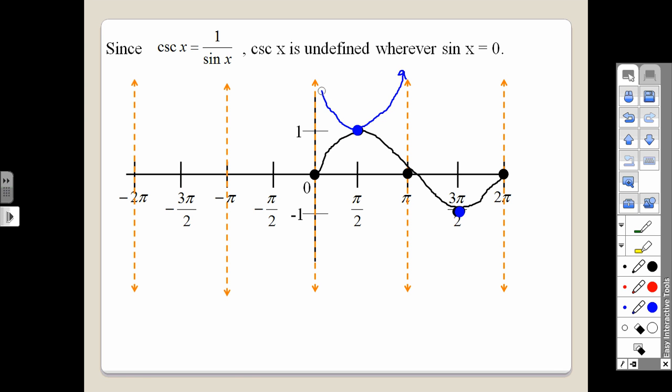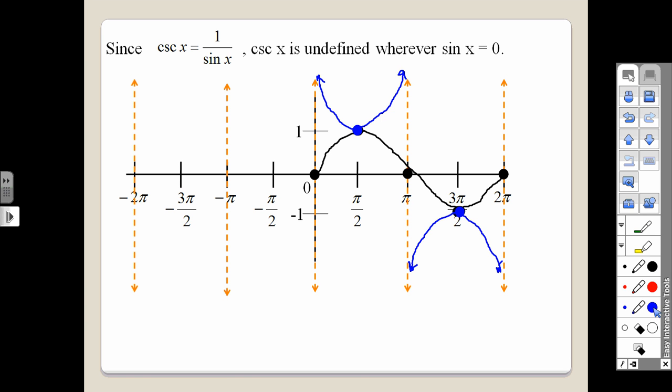And they're not actually parabolas, so they don't follow that equation, but they look like them. So they're going to be going up or down depending on which pair of asymptotes you're working with. And that really depends on the max and mins of the sine curve that it's associated with.